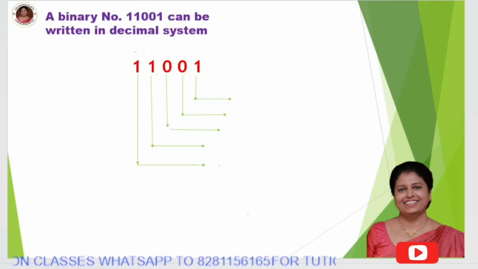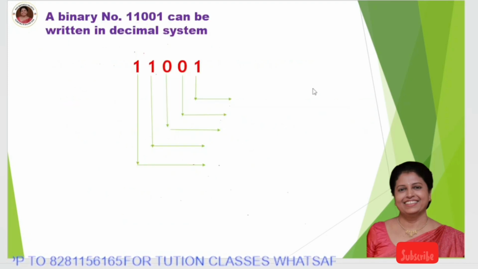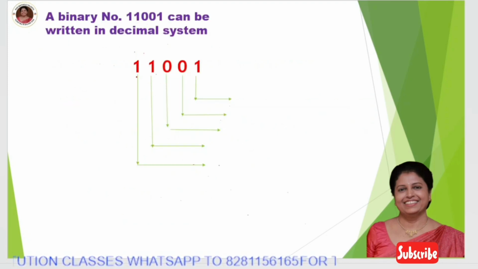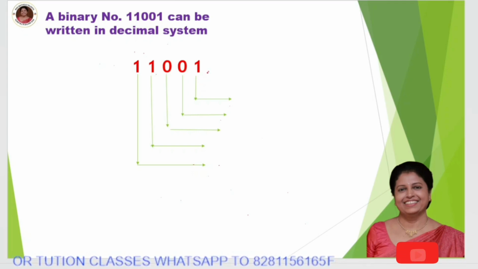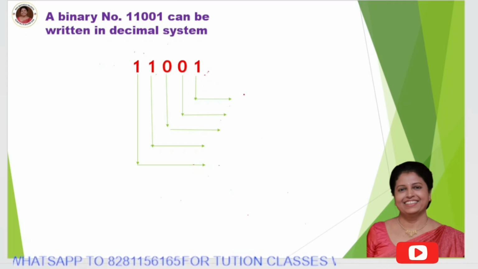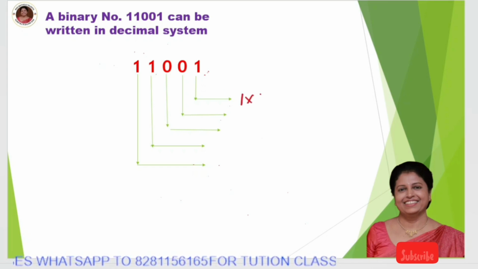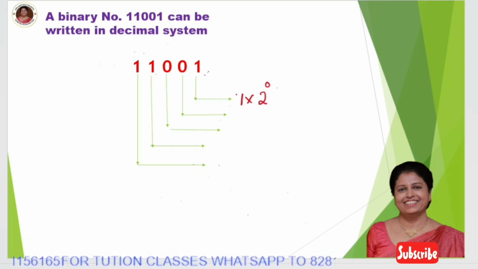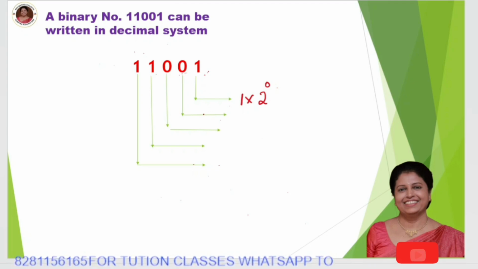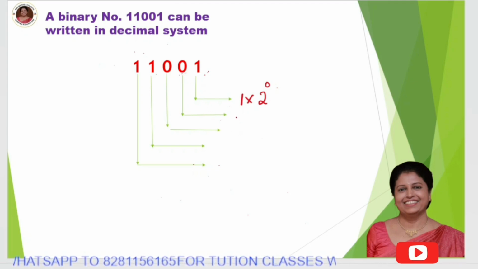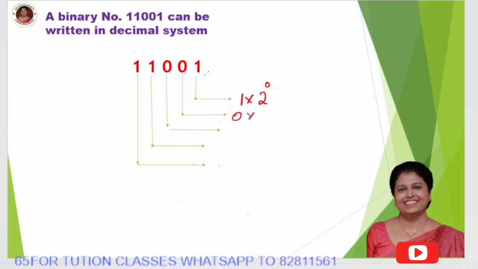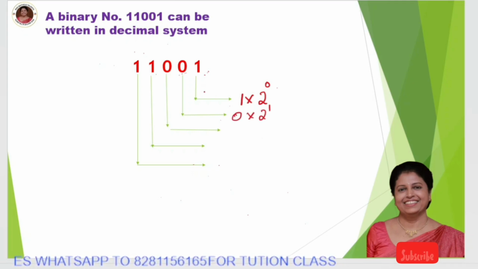Okay. This can be done in an easier way. See 11001. Here we know the rightmost position has positional value 2 raised to 0, so you can write it as 1 times 2 raised to 0. Its second position is 0, its positional value is 2 raised to 1, so 0 times 2 raised to 1.